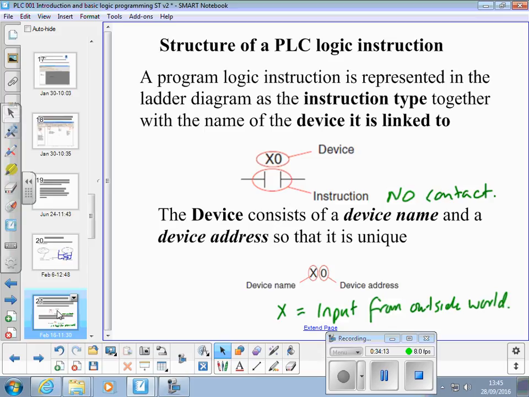And then the instruction, which in the case of that example there is a normally open contact. So we've got a device name and a device address, X equals input from the outside world.